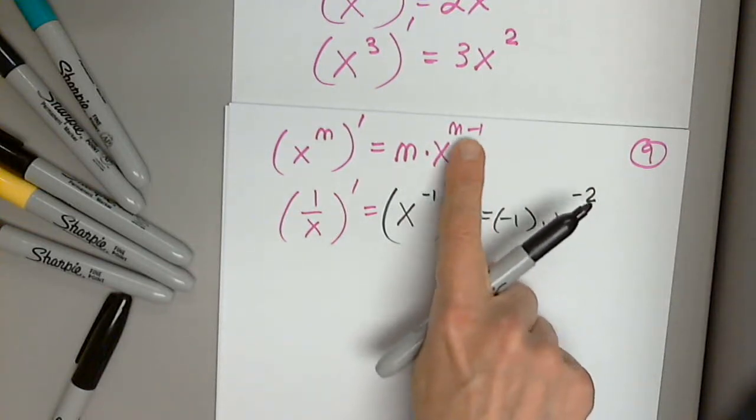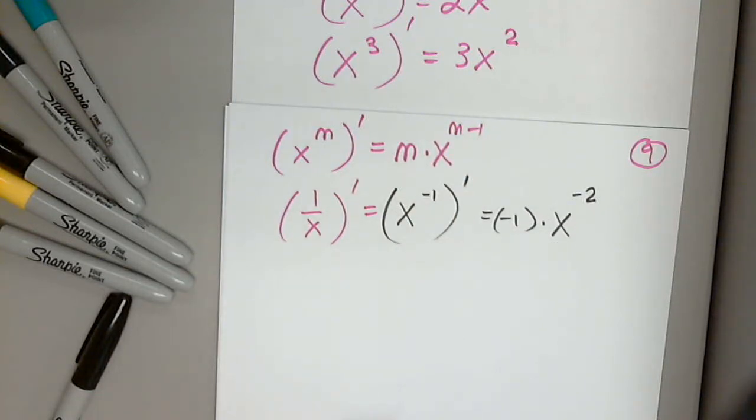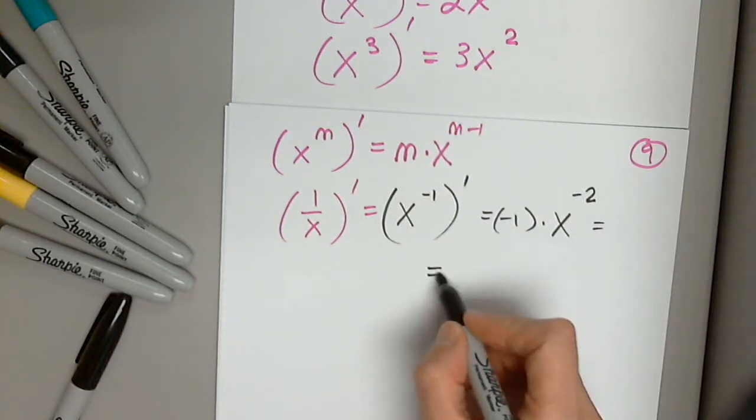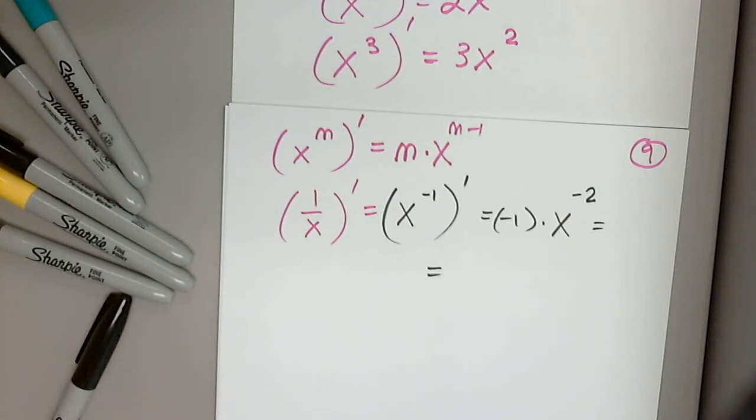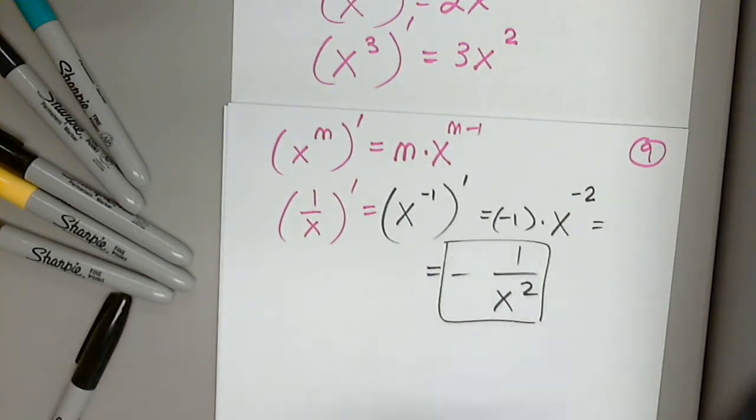We subtract 1 from the power. We had power -1, we subtract 1 from the power. So this can also be written how? -1 over x squared. That's it. So this is another situation that we have to commit to memory. Another function: 1 over x prime is -1 over x squared.